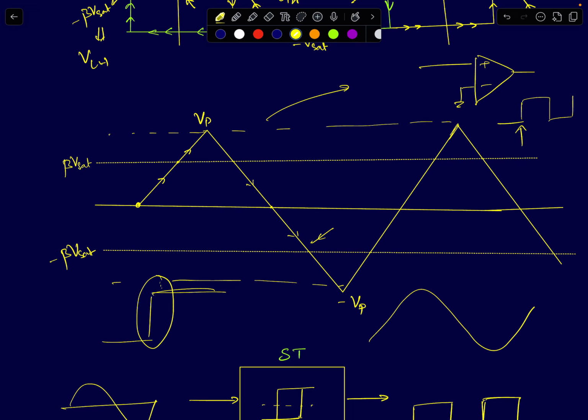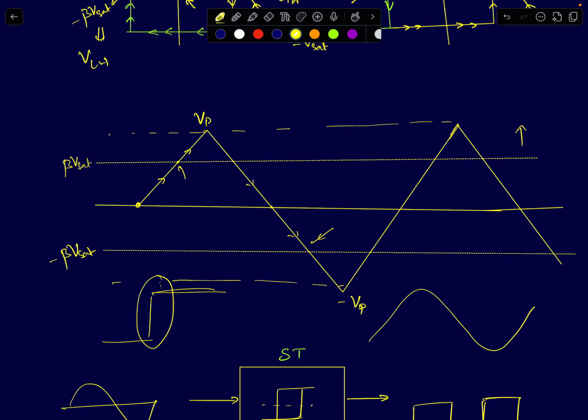If I pass it through a Schmidt trigger, those rising and falling edges will happen at slightly different voltages. But the end outcome is going to look the same: a square wave with very sharp transitions. So that's the purpose.